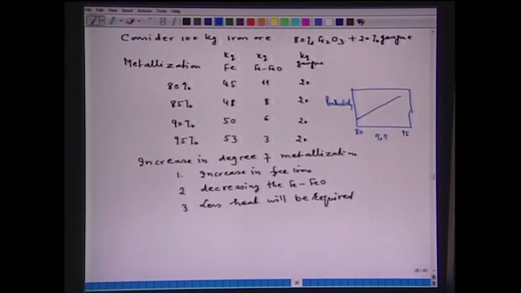But well, in order to produce a high percent metallization, the investment cost is also important because it takes sufficient time and sufficient thermal energy to produce a highly metallized product, that is a very high quality product. And besides that point, for our argument's sake, if we increase the metallization in our DRI, then our productivity is increased.